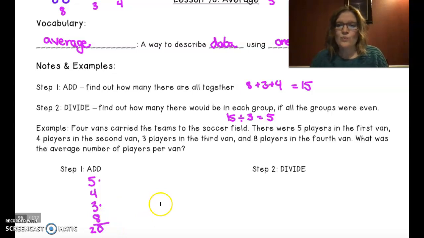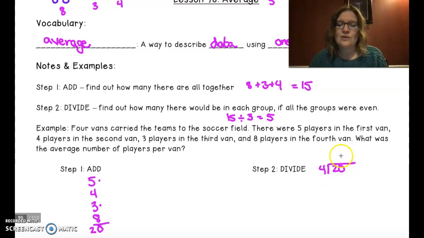Now, if we were to break these up into even groups, how many groups would we need to break that up into? Well, how many groups did we have? 1, 2, 3, 4. So our next step is to divide. We have 20, and we divide it up into 4 groups or 4 vans.